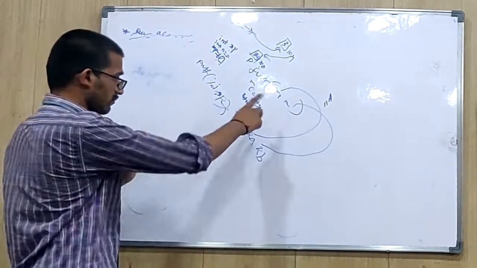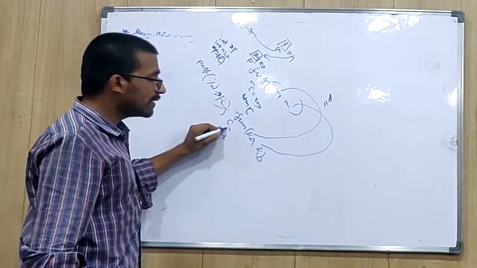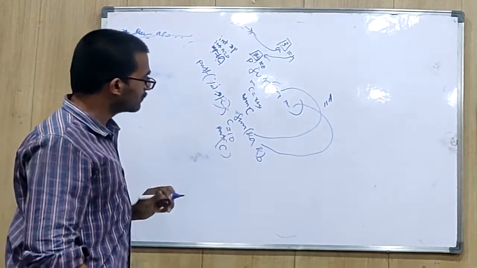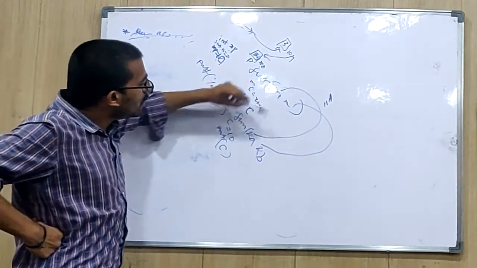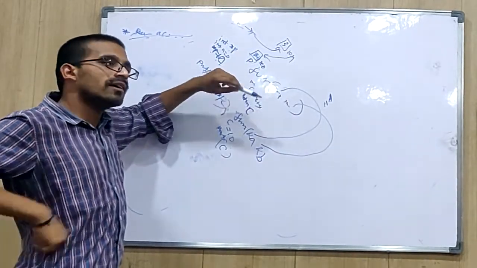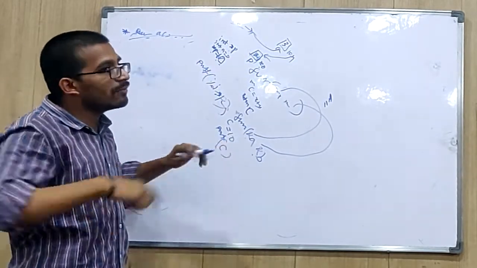Print c. Here c is 10. What will it print? Here we are actually sending the address of a, meaning we are sending the reference. So that's why a's reference and b's reference will be modified.